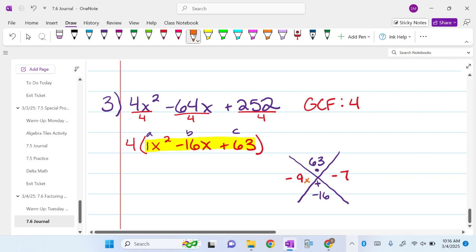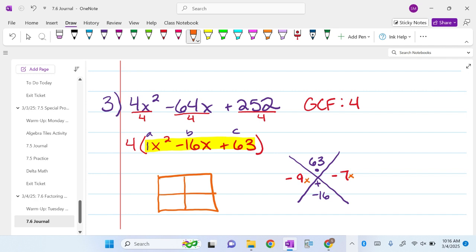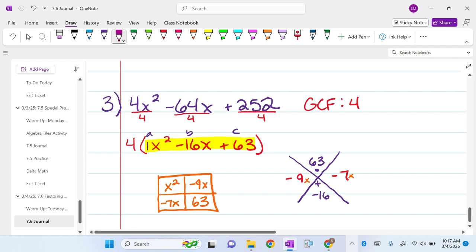So I'm going to throw an x on the end of them so I can do my reverse box. So I have x squared in the top left, 63 in the bottom right, and then negative 9x and negative 7x in the other two corners. So we know that x times x gives us x squared.